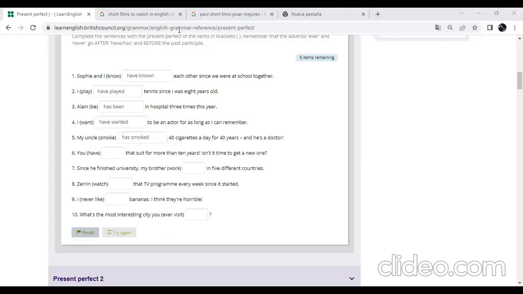Mi tío ha fumado 40 cigarrillos cada día por 40 años y él es un doctor. Do you think it could be possible in a doctor? Esos son más yes, they are tremendos. They are terrible. Okay, thanks so much. Now number 6.